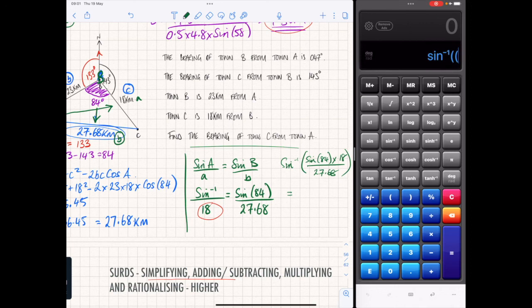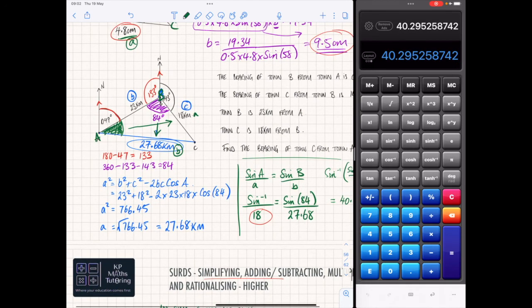If you've got a calculator with a fraction button already on it, you can use the fraction button. So sin 84 times 18, that's the top of my fraction, all divided by 27.68. And then when I do that, I get an answer of 40.295. So what we're saying is this angle here actually now becomes 40.295 degrees.